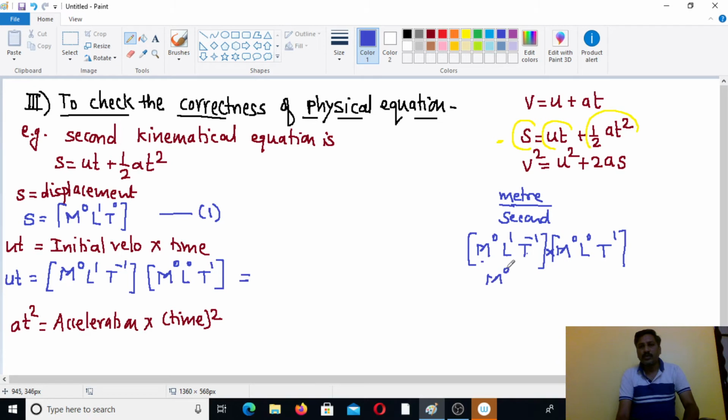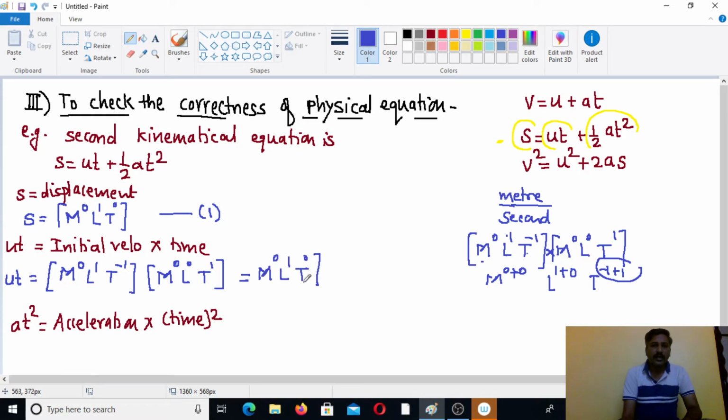Therefore M raised to 0 plus 0 becomes M raised to 0. L raised to 1 plus 0 is 1. T raised to minus 1 plus 1 becomes 0. So I will write again M raised to 0, L raised to 1 and T raised to 0. These are the dimensions of UT.